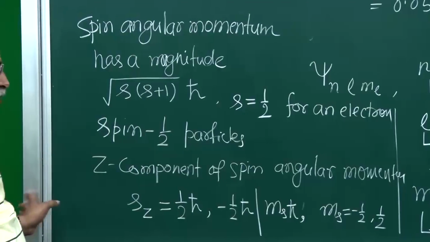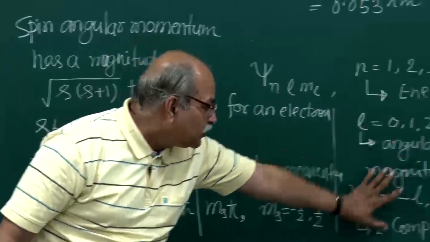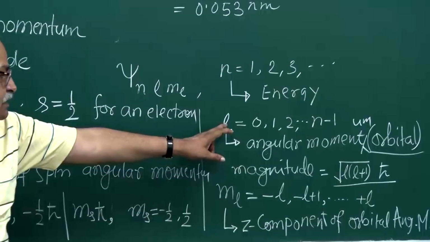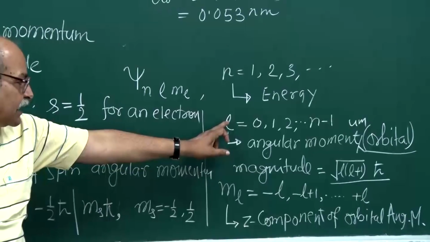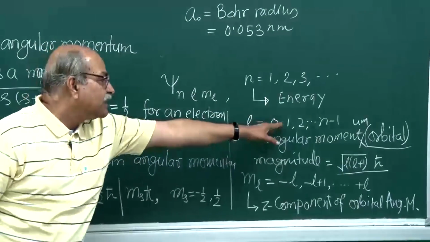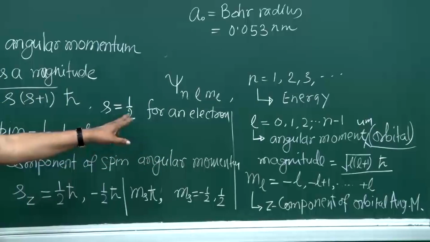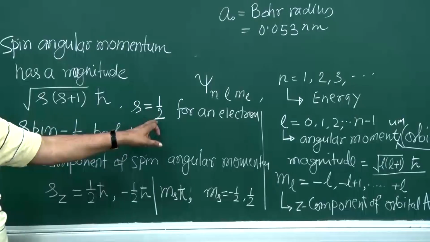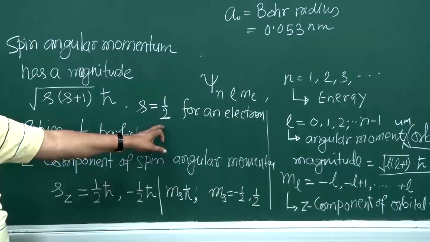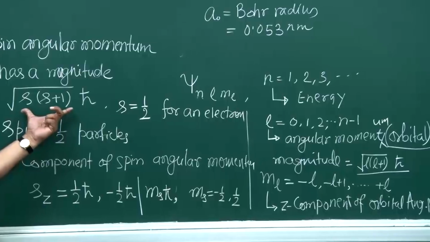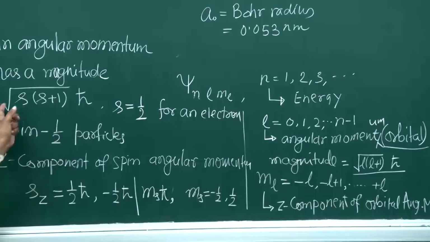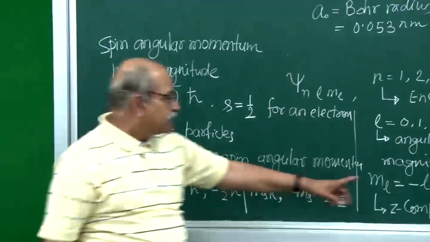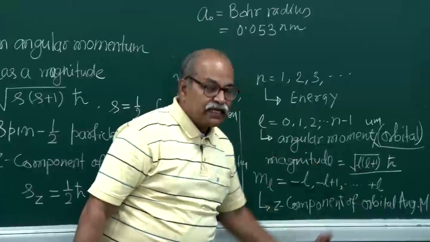Okay. So it's almost a similar structure: orbital angular momentum, spin angular momentum. For orbital angular momentum, the magnitude is given by this number L, which can take different integral values, but for spin angular momentum, this is given by S, and S has a fixed value 1 by 2. And then the magnitude has the same mathematical formulation, square root of s into s plus 1 times h cross, here square root of L into L plus 1 times h cross.